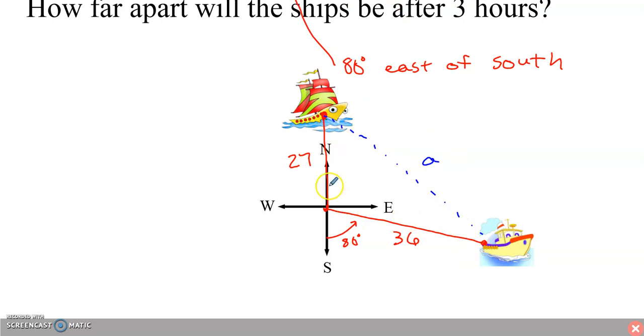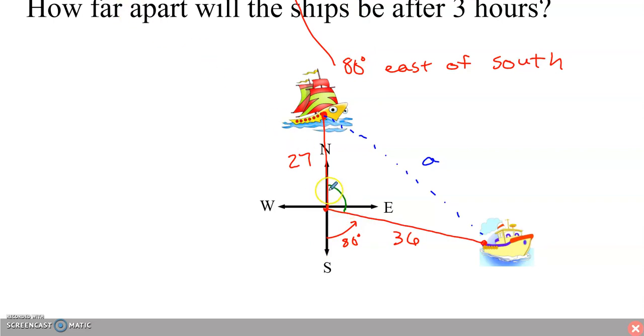So I'm going to try to find this angle, and I see 2 different ways to find it. One is you can think about it just like we did last time: that's 180 from there to there, and all you need to do is subtract off that 80 degrees.